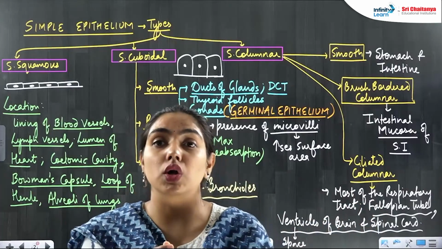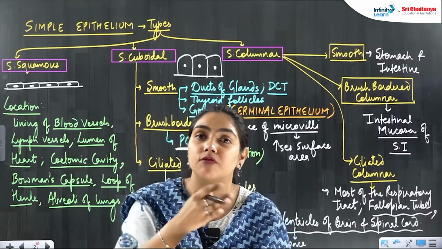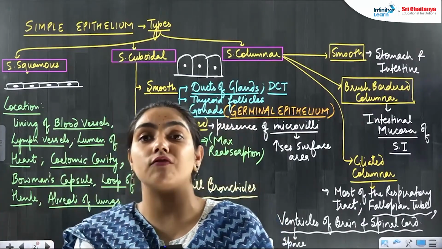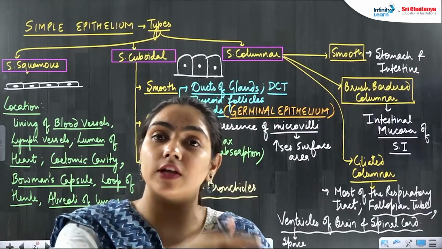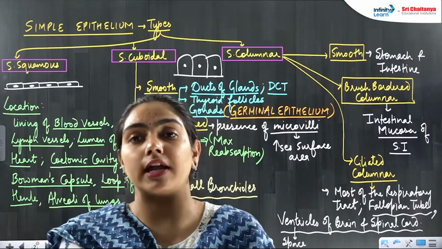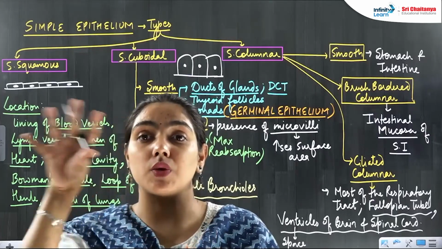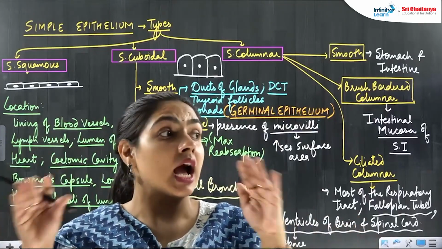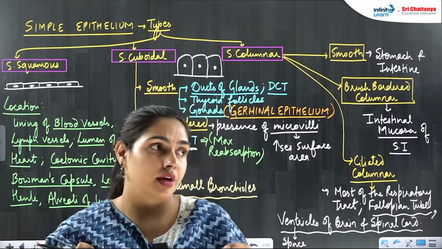I have told you where you will find cuboidal epithelium with microvilli, cuboidal epithelium with cilia, columnar epithelium with microvilli, columnar epithelium with cilia, and cuboidal and columnar without any modification. I hope each and every location is clear to all of you.